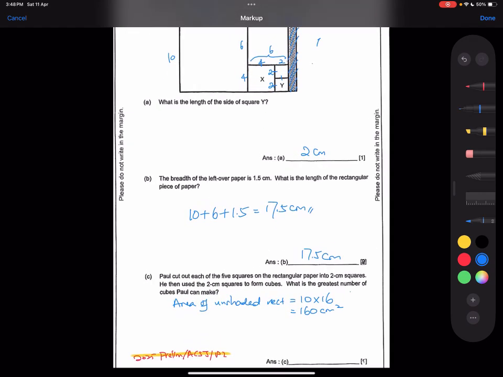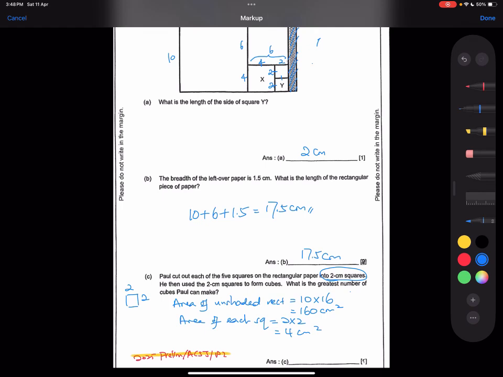Now, if you cut the rectangle paper into 2 cm squares, each square is 2 cm side. The area of each square is equals to 2 times 2, that's 4 cm square.